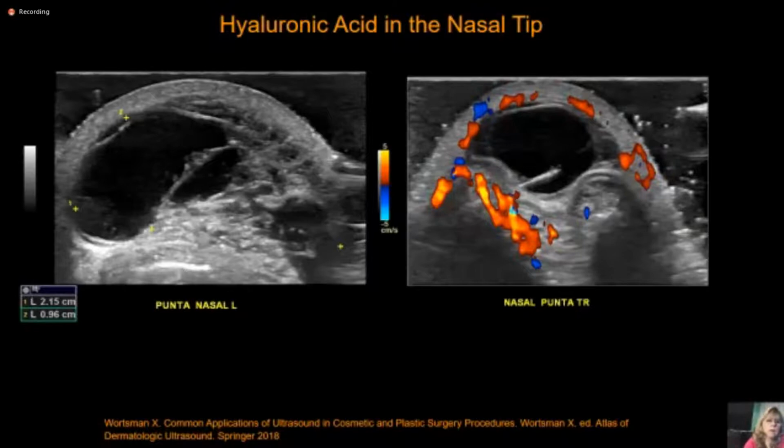This is an overfilling of the nose, and of course this tremendous amount of filler is causing inflammation in the periphery and in the nasal cartilage, as you see here, because you can notice the hypervascularity in the alar cartilage here.